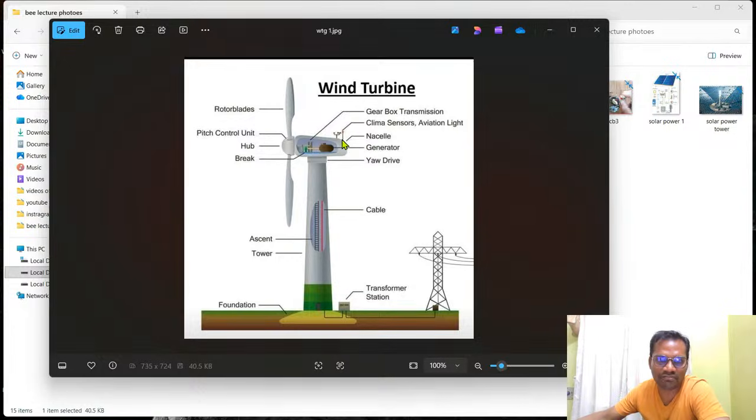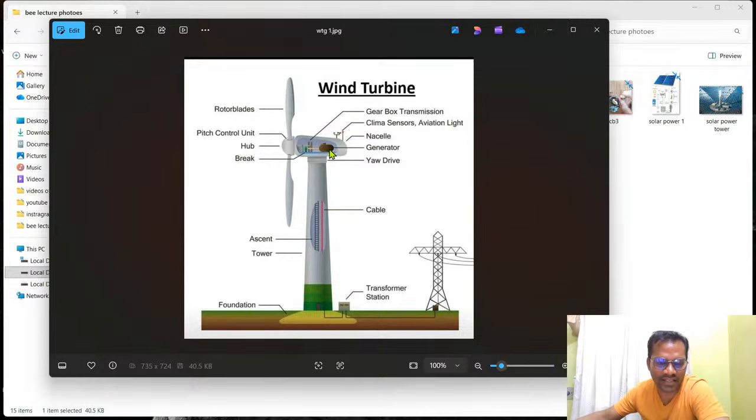To sense the wind speed, here we have sensors, and at the top, an aviation light to indicate the turbine is at a required height. And this is called yaw control. The turbine can rotate 360 degrees horizontally, and vertically also it can rotate.